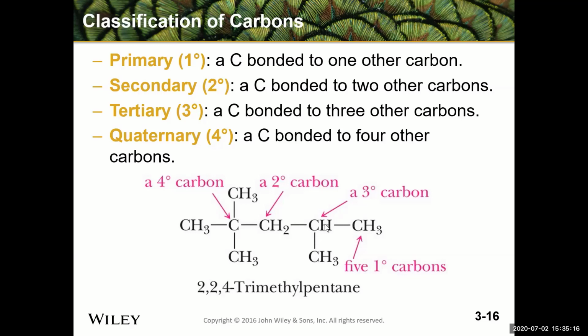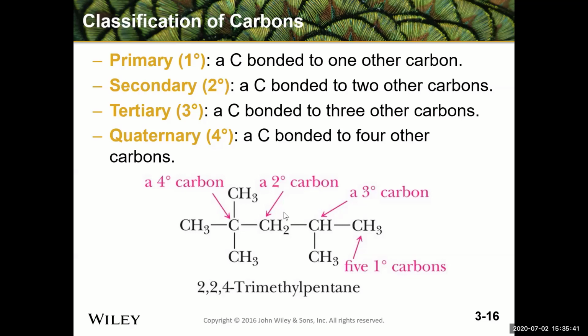A hydrogen that's bonded to a carbon with three bonds to other carbons is a tertiary hydrogen. And then we don't have a quaternary hydrogen, because there are no hydrogens that can be attached to a quaternary carbon, because it already makes four single bonds to other carbon atoms, okay?